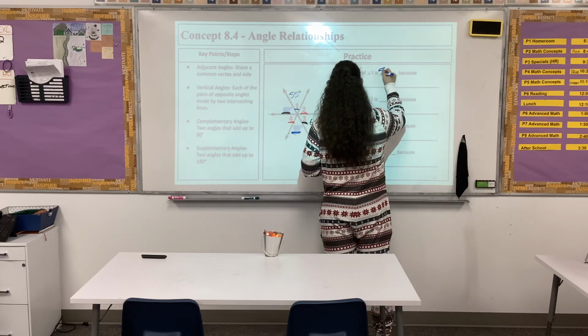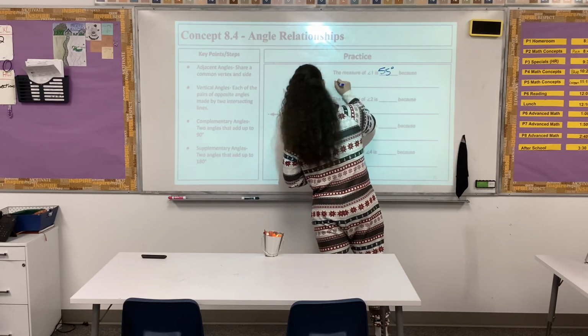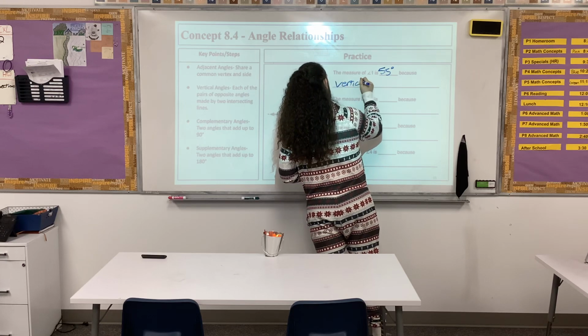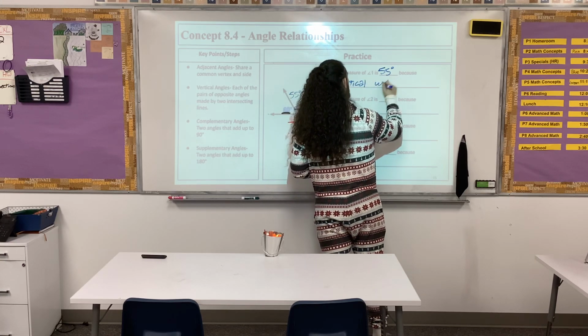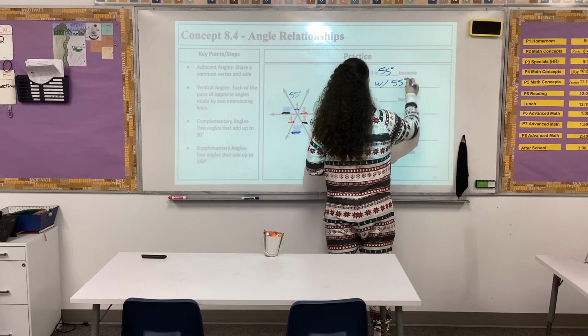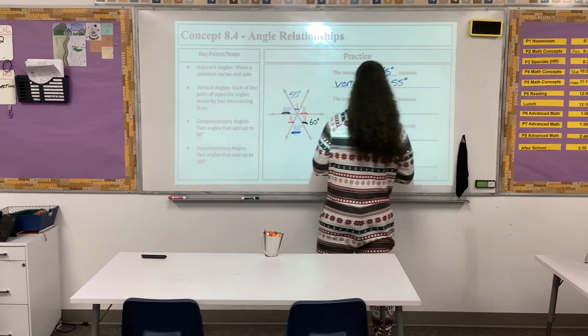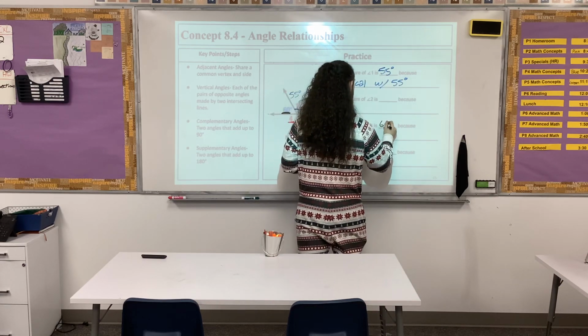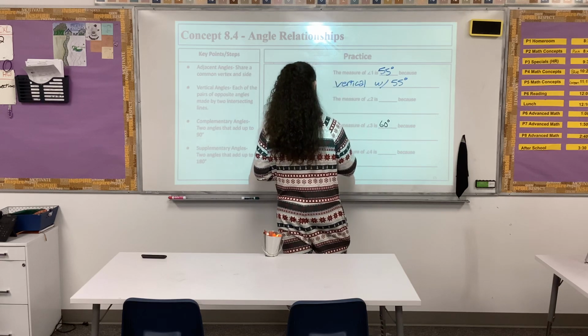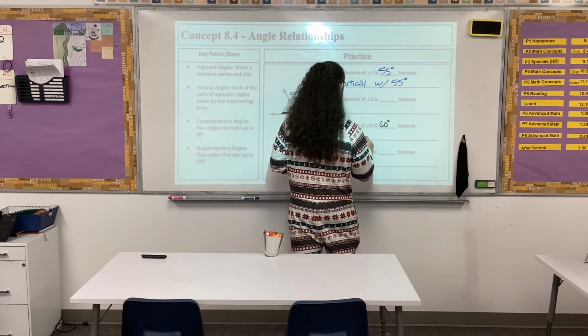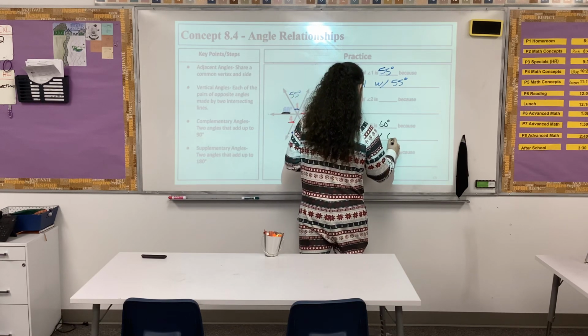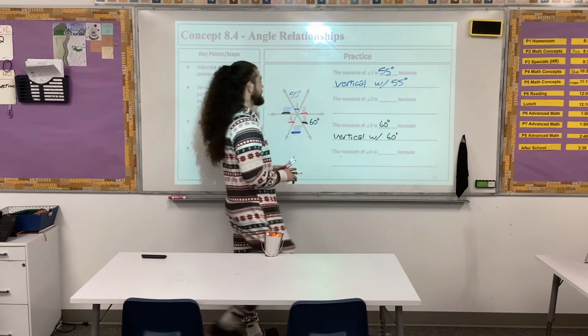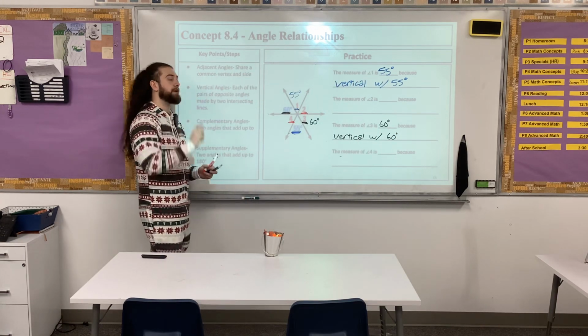Angle 1 is 55 degrees because vertical with 55 degrees. Measure 3 is 60 degrees because vertical with 60 degrees. Now finding 2 and 4 have a little bit of math.